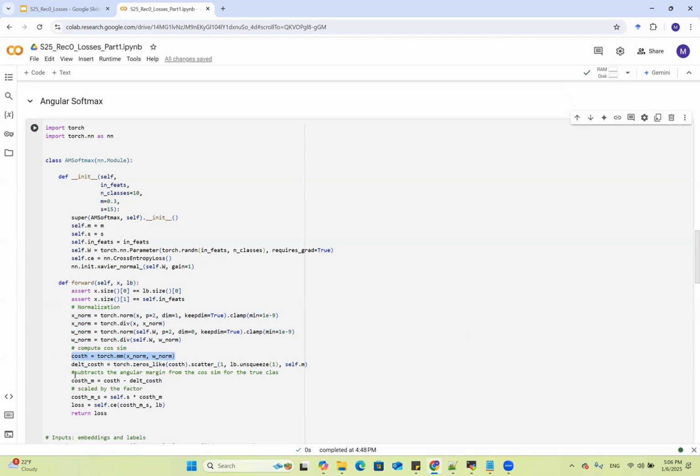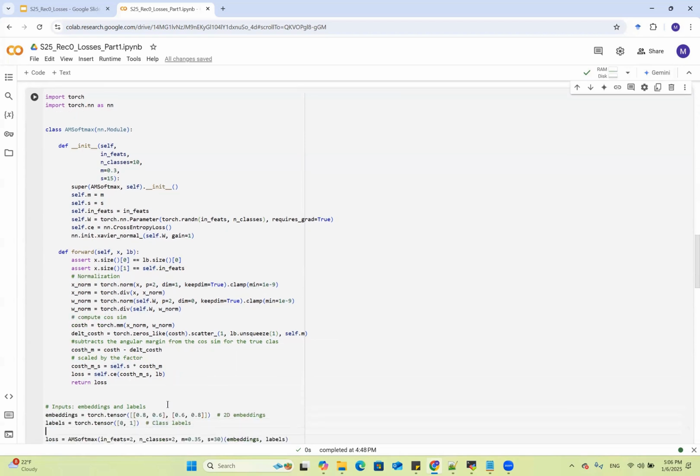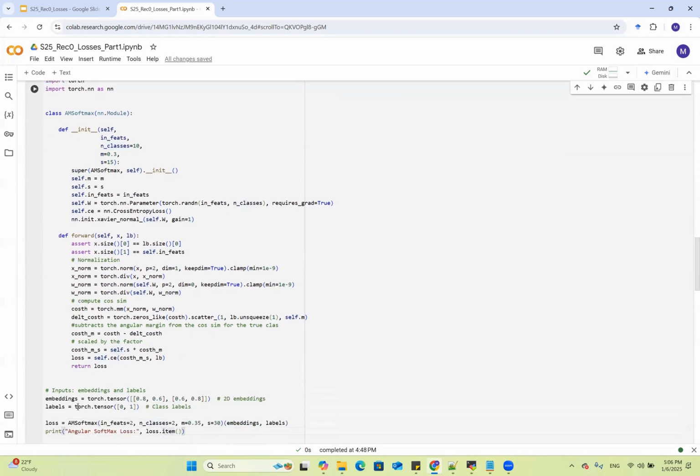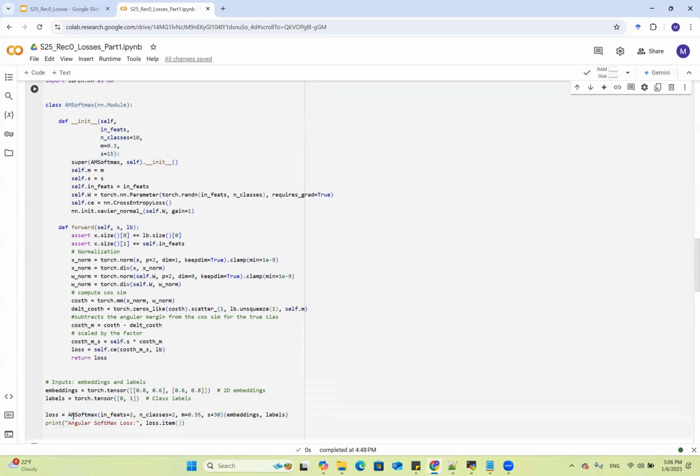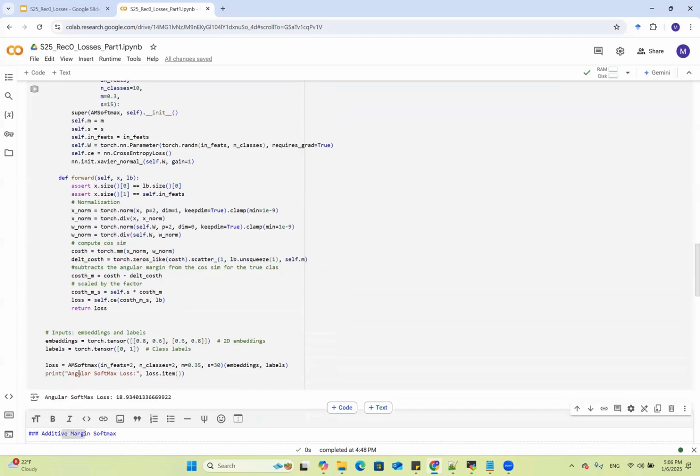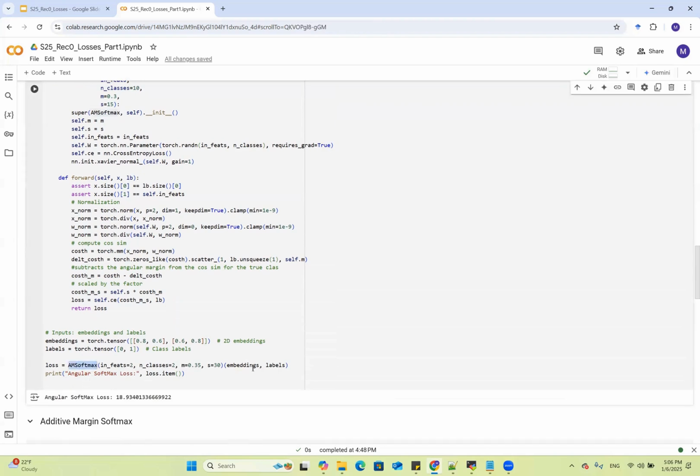Then we subtract the angular margin from the cosine similarity for the true class, and then we scaled it by a factor S. Then we computed the loss using the cross entropy. Here we both initialized and called the function at the same time in one line.